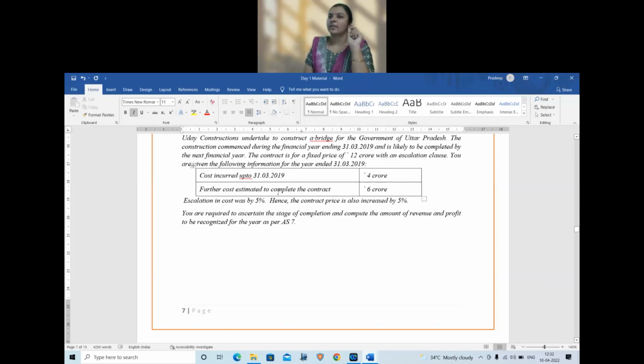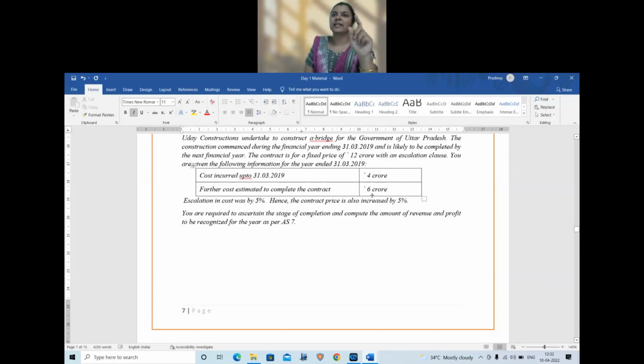Reading the question again: the contract is for a fixed price of 12 crores with an escalation clause. Cost incurred up to 31/3 is 4 crores. Further cost estimated to complete the contract 6 crores. Escalation in cost was by 5%, which means they have already included the 5% in 6 crores.